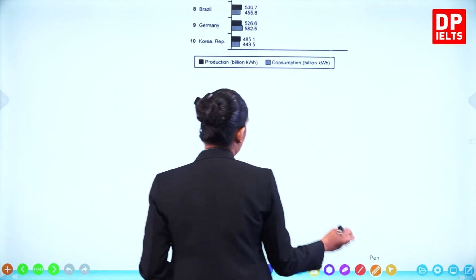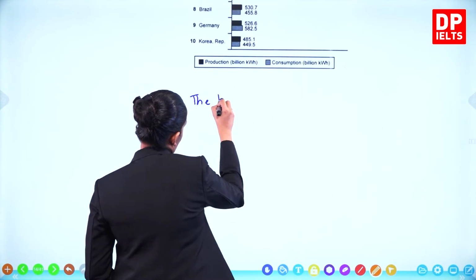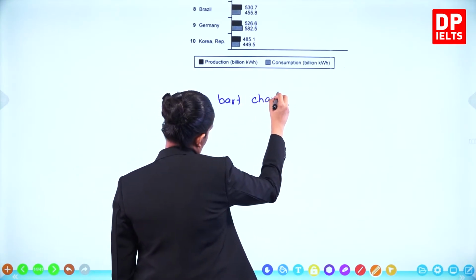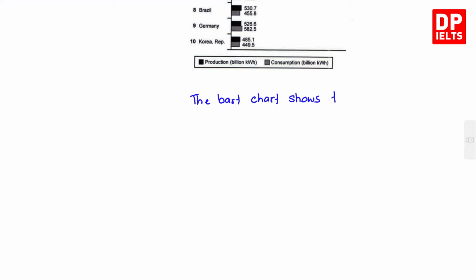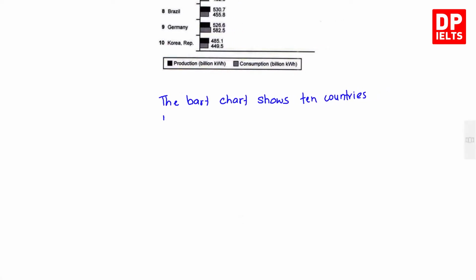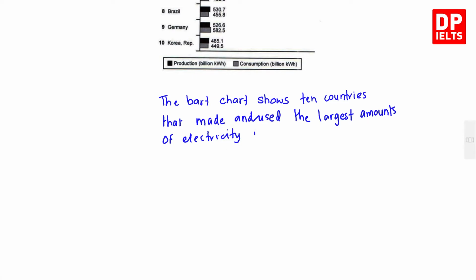So, the bar chart shows 10 countries that made and used the largest amount of electricity in 2014.